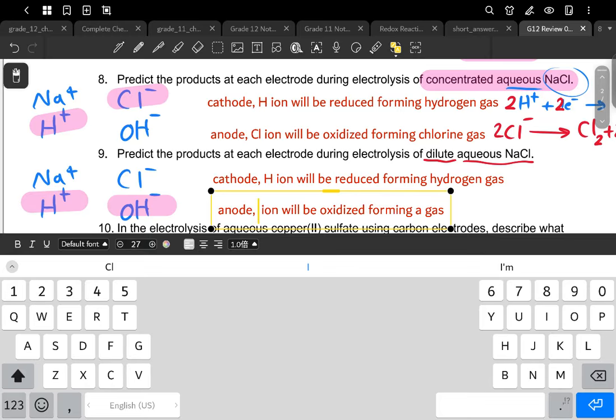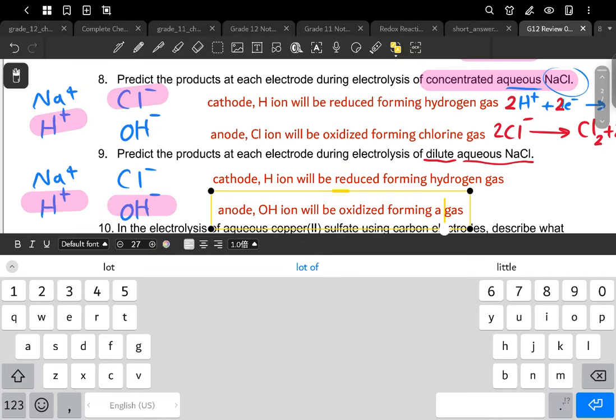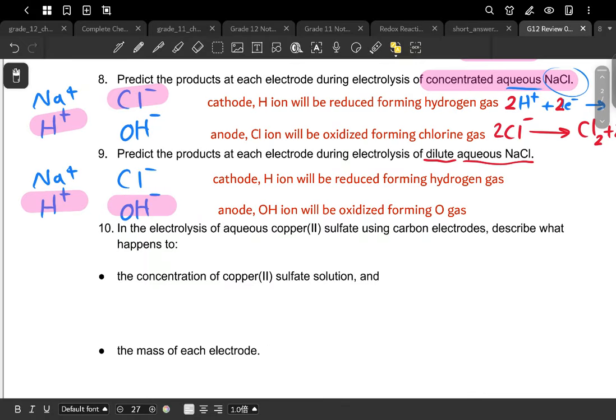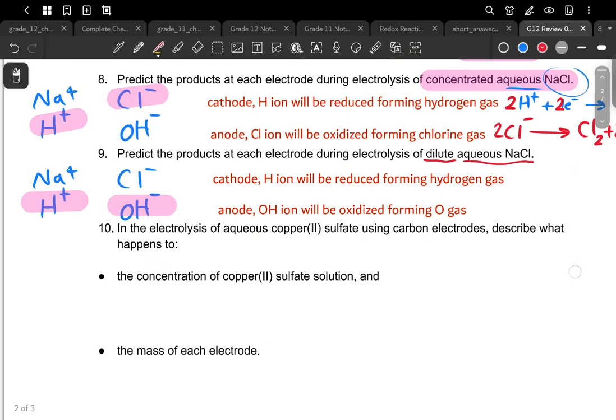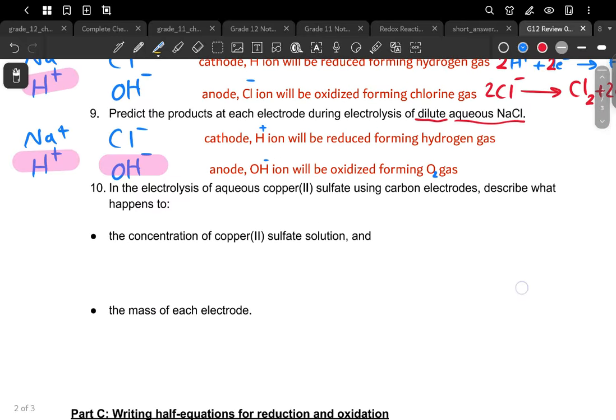So hydroxide ion forming oxygen gas. The products will be hydrogen gas H2 and oxygen gas O2 at the end.